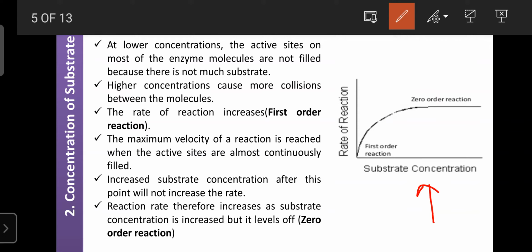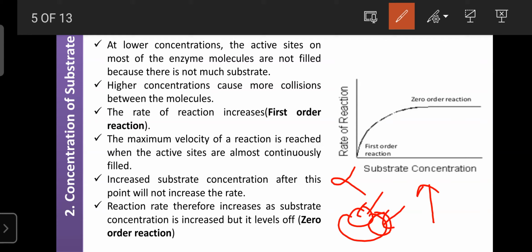As the substrate concentration increases, the rate of reaction also increases. It means the rate of reaction is directly proportional to the substrate concentration, because, as you already know, the enzyme has active sites. These active sites are occupied by the substrate.